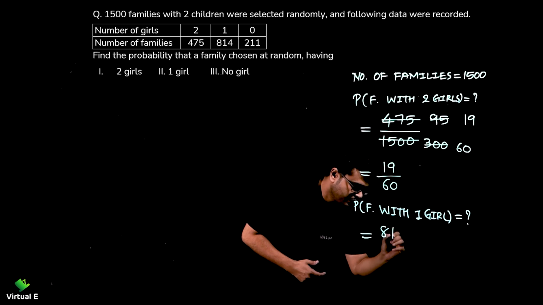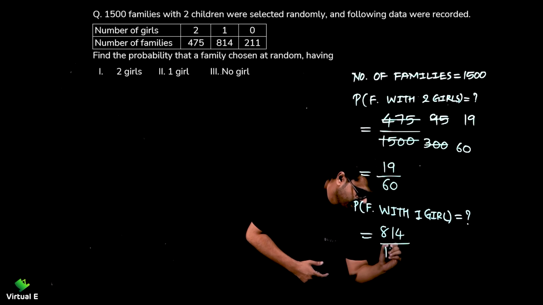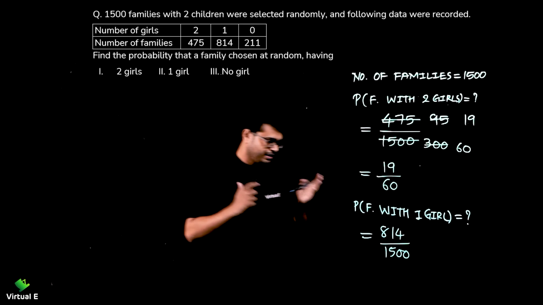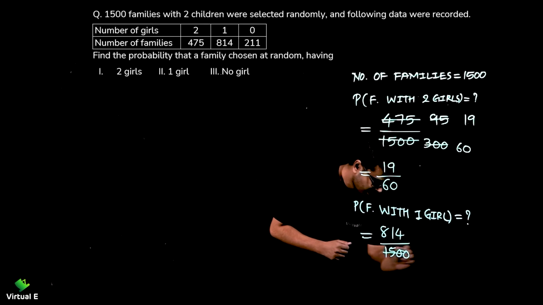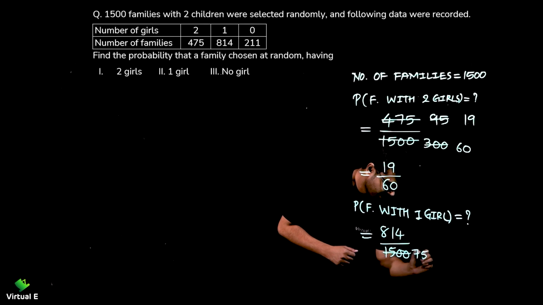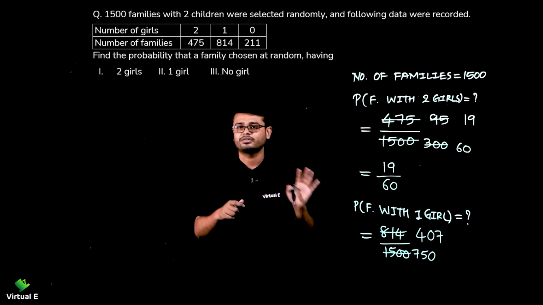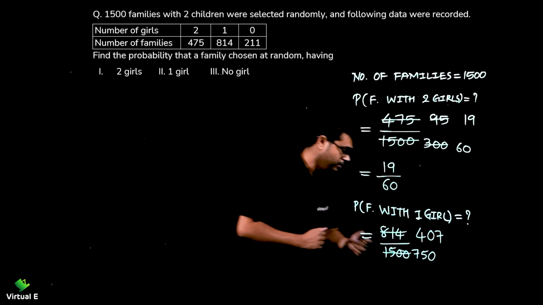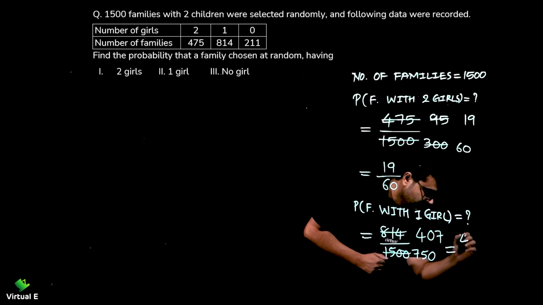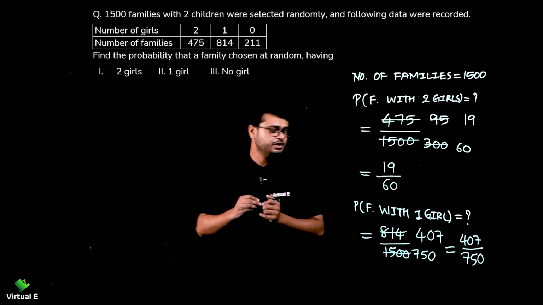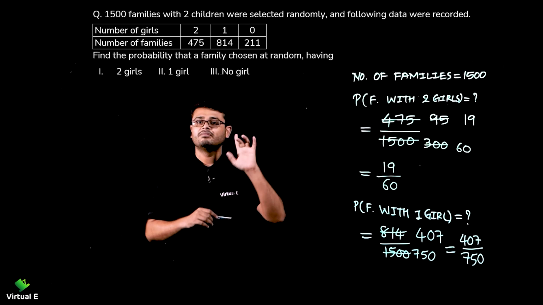So 814 divided by 1500. Now both of them are even numbers, right? We can still divide by 2. So let's start. Here 750 and here 407. I think we cannot divide further than this. If you can divide, go ahead. So the final answer is 407 divided by 750. So this is the probability of a family with 1 girl.